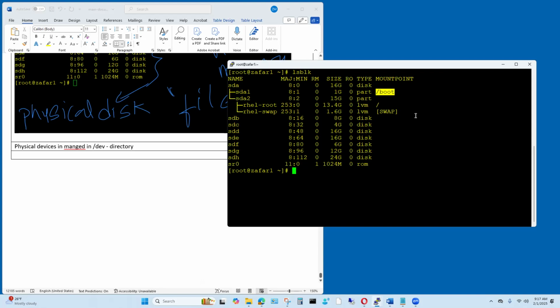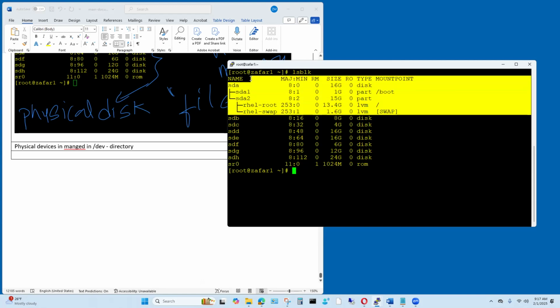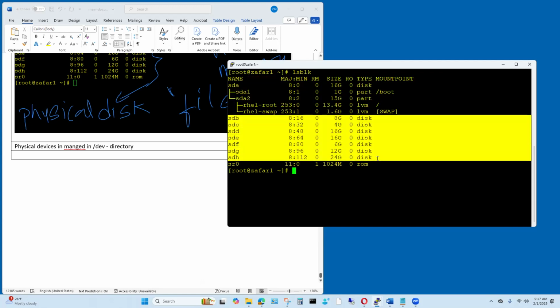There is one topic I will touch on, how the init process works. It's called run levels, and we'll touch base on that here. That's a very good question. So if I rip apart SDA, then everything else is gone. You have to get SDA again, but the data on the other disks will still be there.